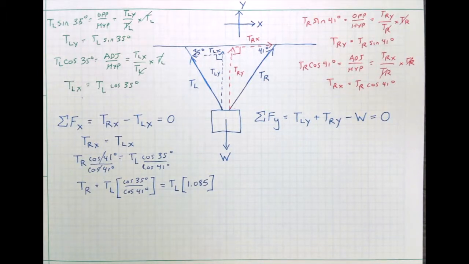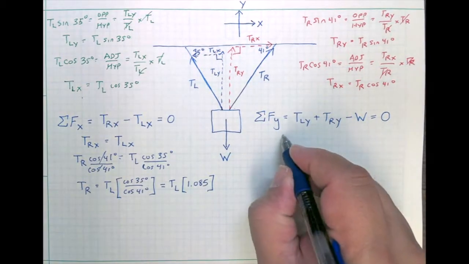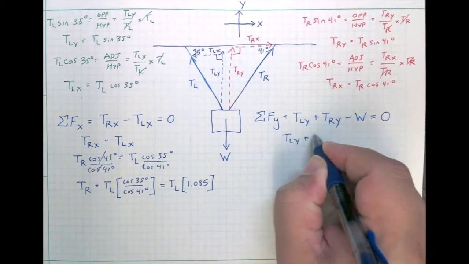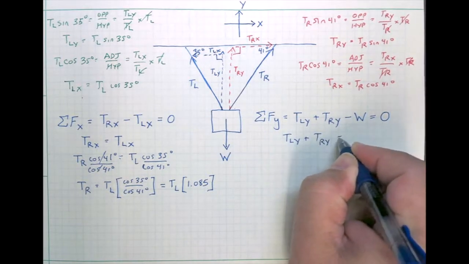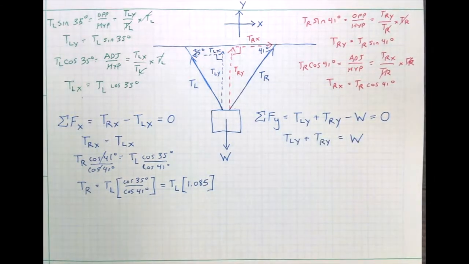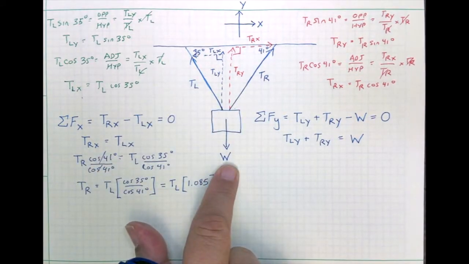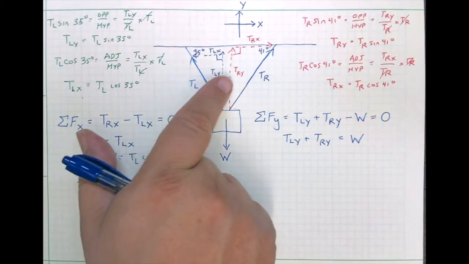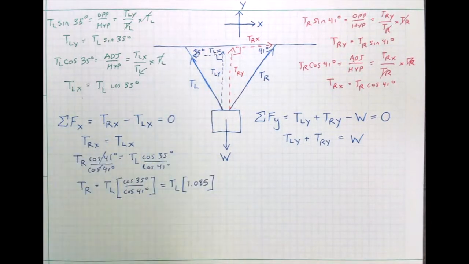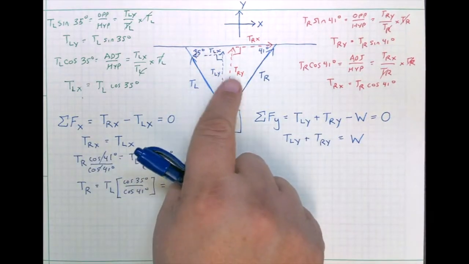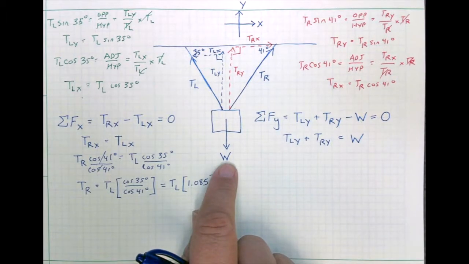That tells us the y forces are in equilibrium. Now, the only way this can be true is if TLY plus TRY equals the weight force. Notice, again, I'm not saying that these two forces add up to the weight force. I'm saying that these two components add up to the weight force because it's these two y components that are working together to balance the weight force.